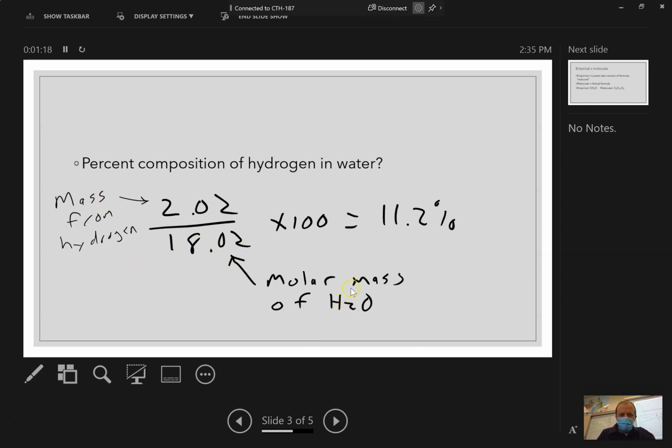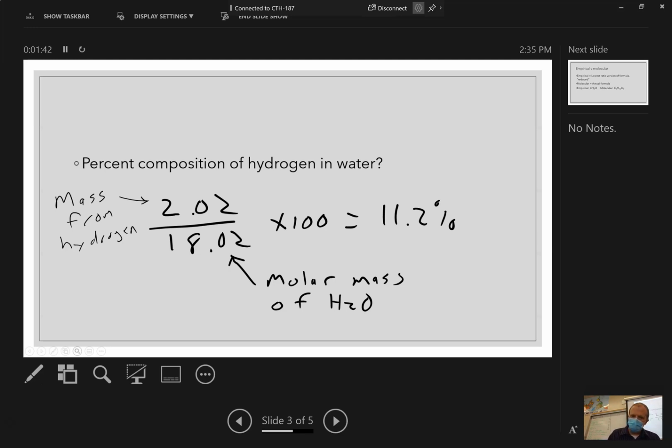Now the mass of hydrogen, there's 2 hydrogens, right? So I would take hydrogen's mass times 2. So out of the total mass of 18, 2.02 is coming from hydrogen, times 100. So again, it's just a straight percent. We have 2 grams coming from hydrogen, 18.02 grams total mass.